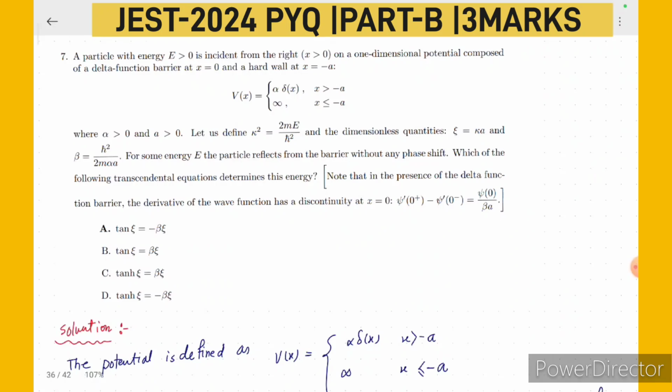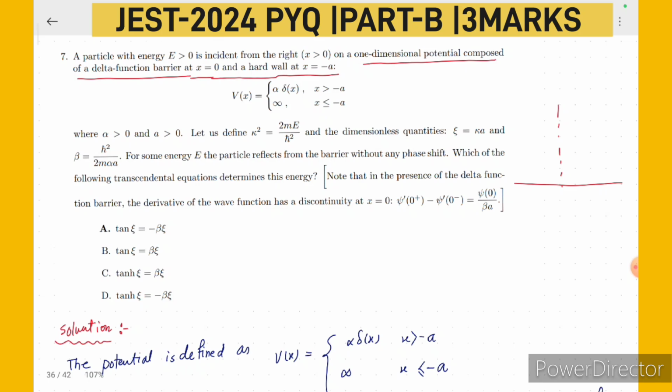A particle with energy greater than 0 is incident from the right on a one-dimensional potential composed of a delta potential barrier at x equals 0 and a hard wall at x equals minus a.